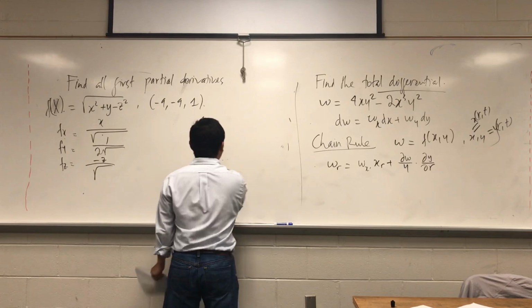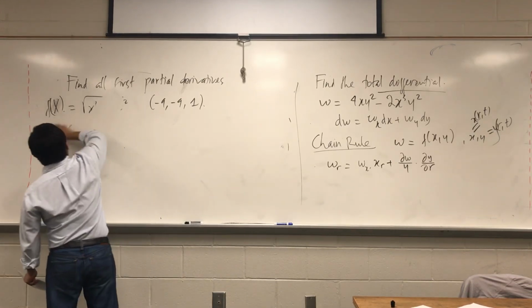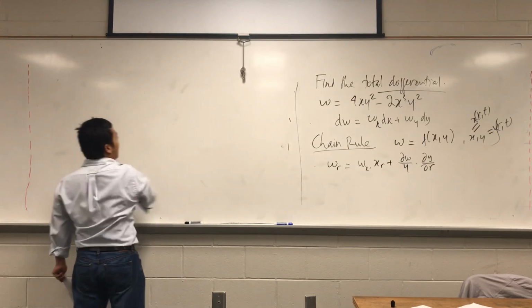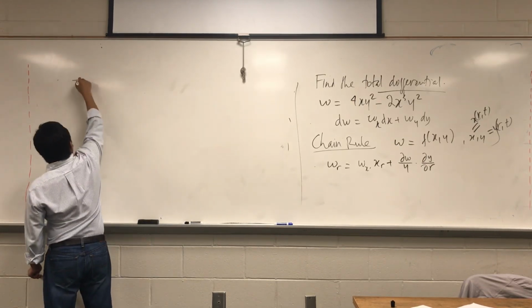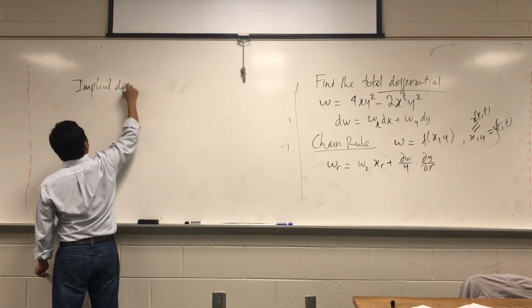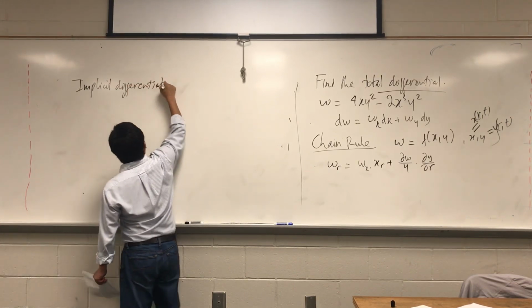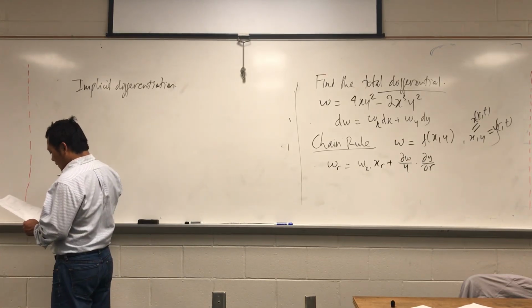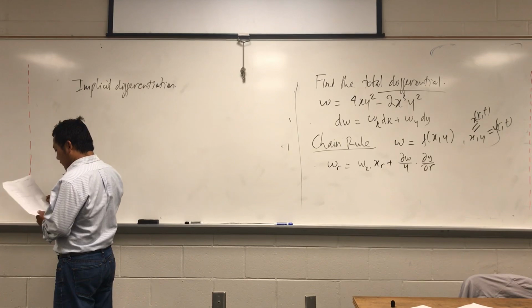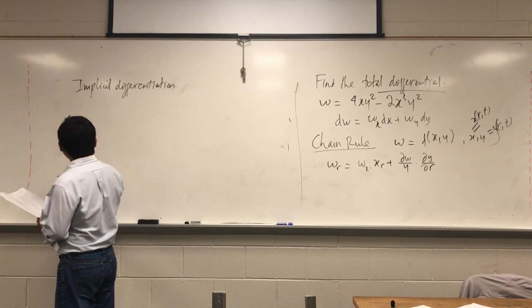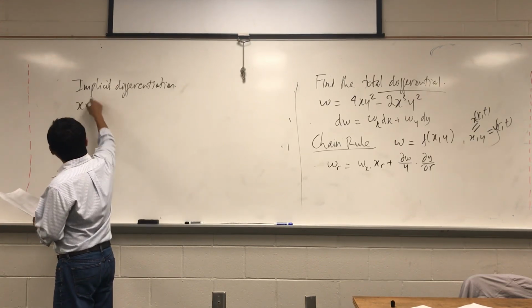The next problem is implicit differentiation. So you have a function given by the following. Oh man, I chose a very bad function here. It's not a good one, but anyway, let's solve that.